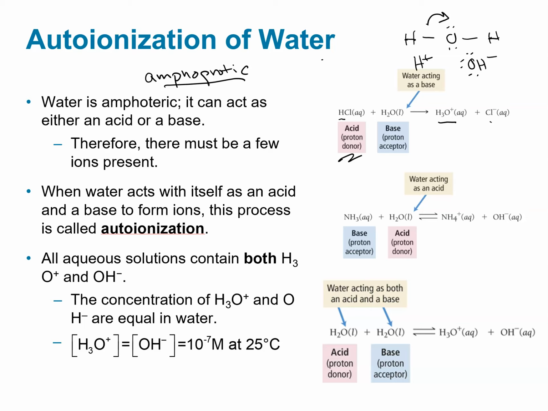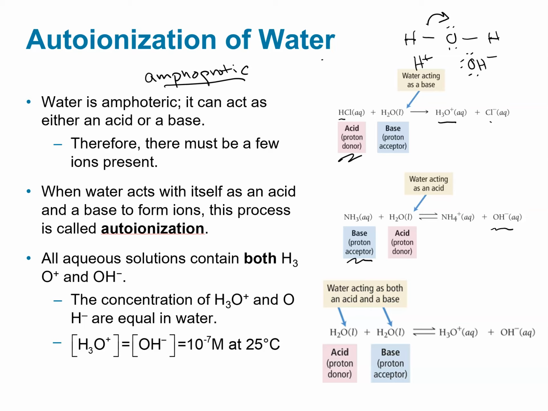So in this case, the water is going to act like a base. In the case of encountering a base, the water is substantially more acidic than this base, and it's going to give one of its protons to the base, forming ammonium and hydroxide.